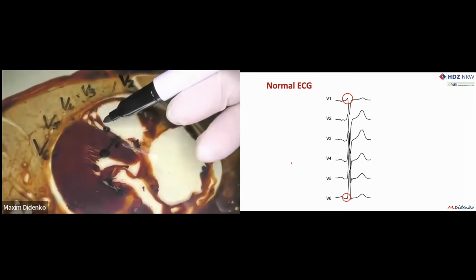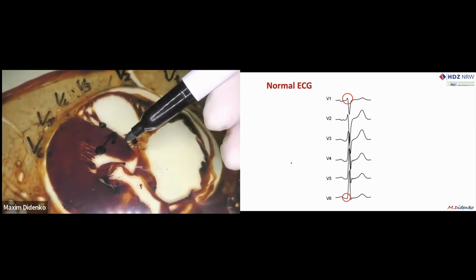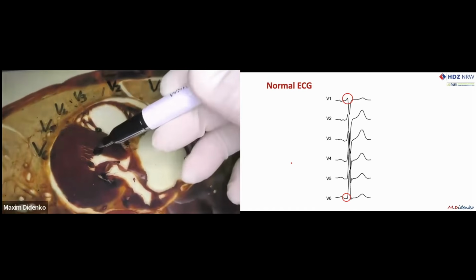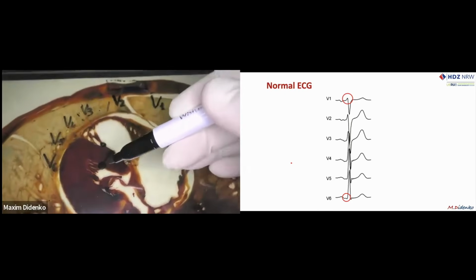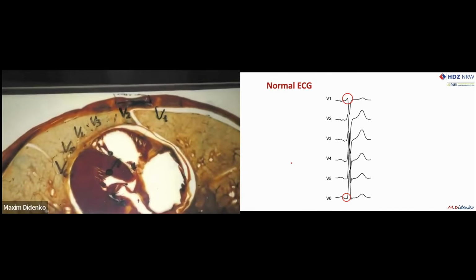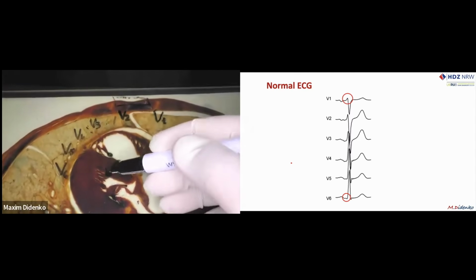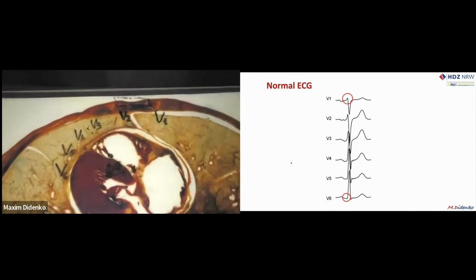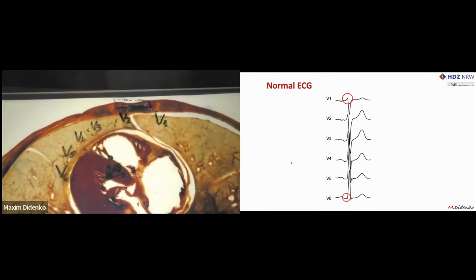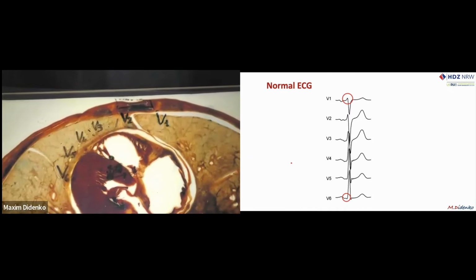It's in an area at the border between the moderator band and the septomarginal trabecula. So when the activation reaches the Purkinje fibers, of course it goes faster in this area, and then activation goes in this direction. That's why, when we don't see the R wave, it means we have some problems with activation of the septum, and it's a very bad sign.